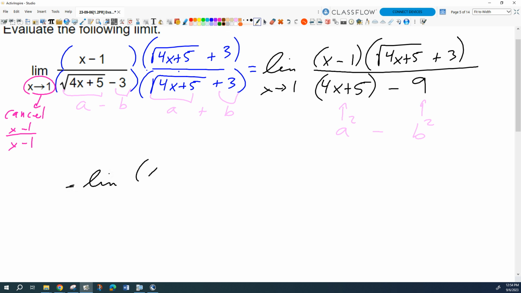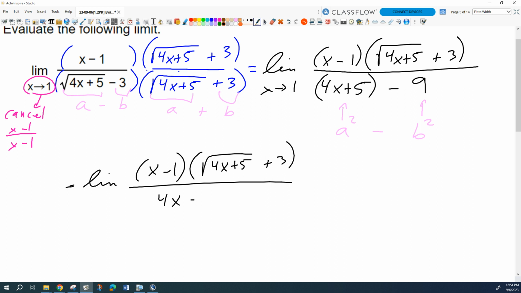So, the limit of that big mess on the top divided by 4x minus 4. Okay, what can I do on the bottom now? I need an x minus 1. Factor out a 4. There you go.